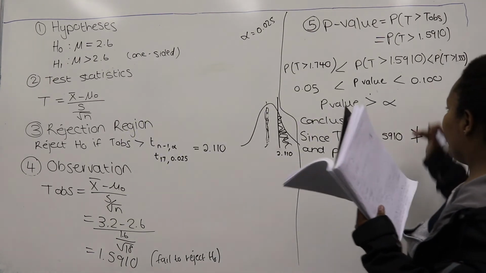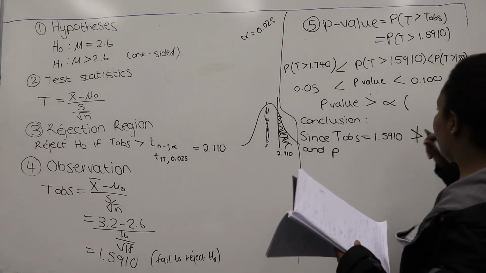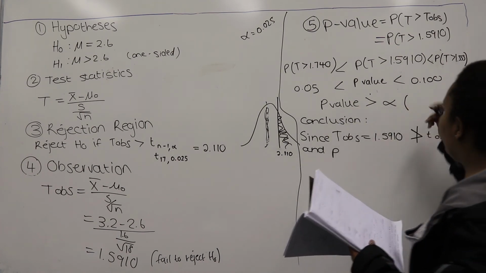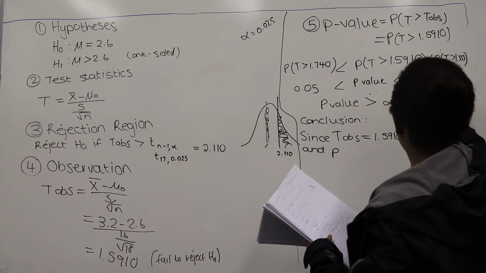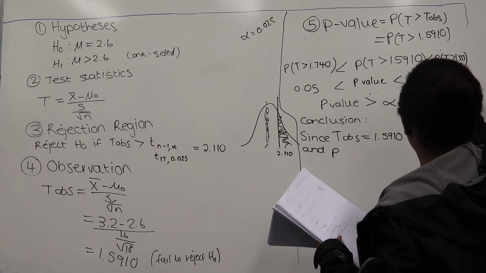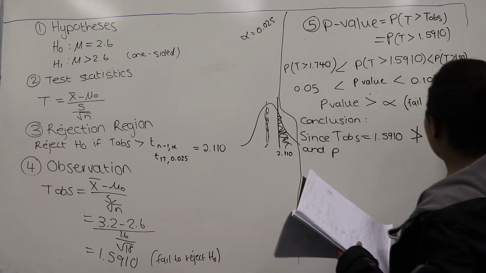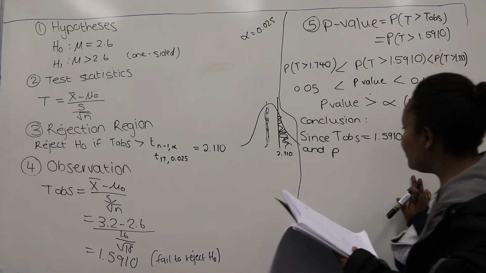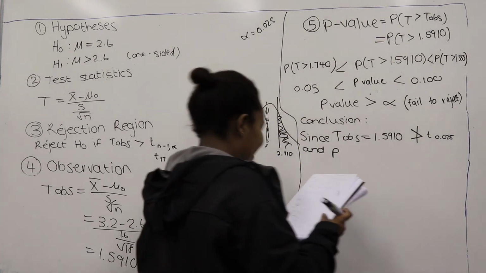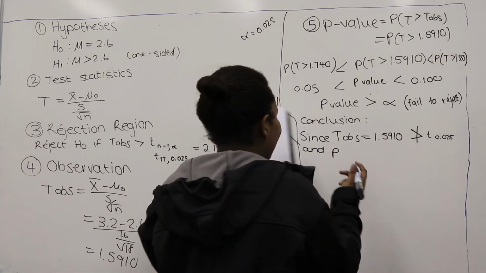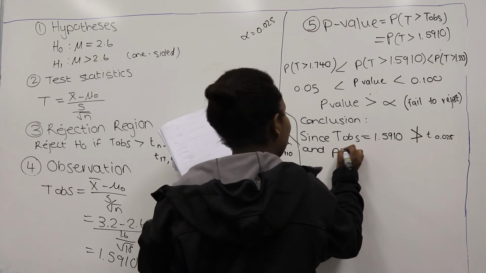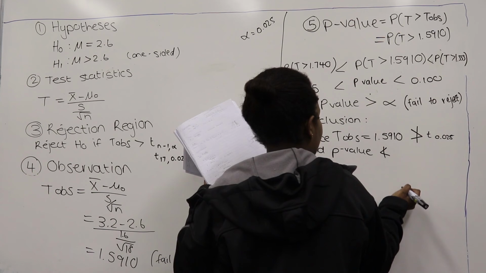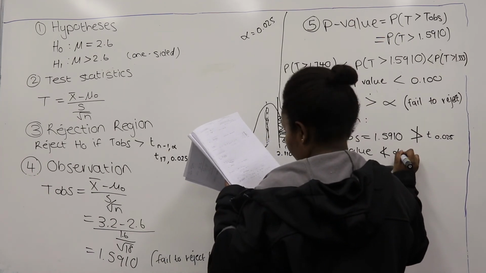What's something important here, like a note you can make for yourself: because the p-value is greater than alpha, then we fail to reject. Obviously, with this step you can see that it corresponds with step 4. So you should get 100% somewhere down the line. And our p-value is not less than alpha.